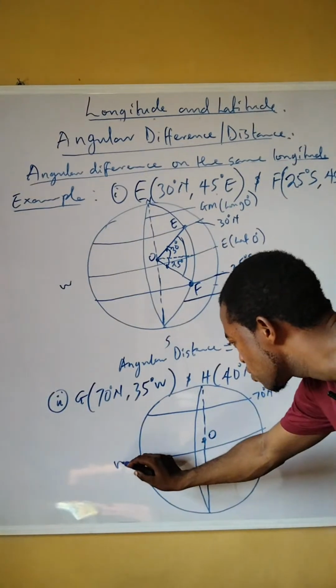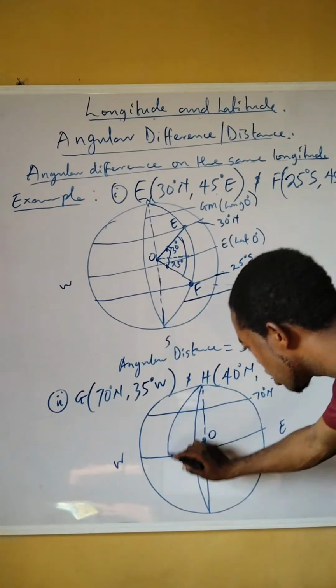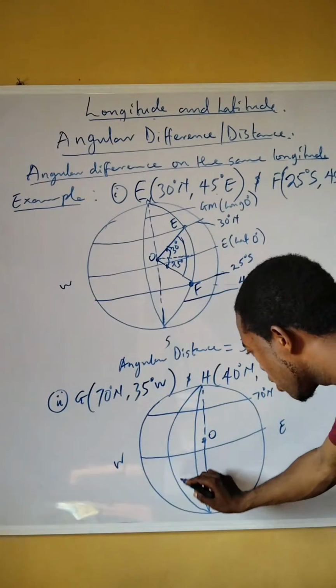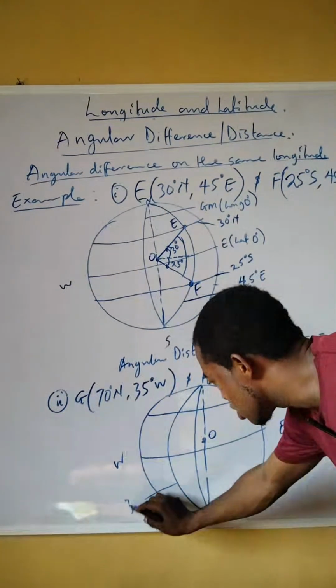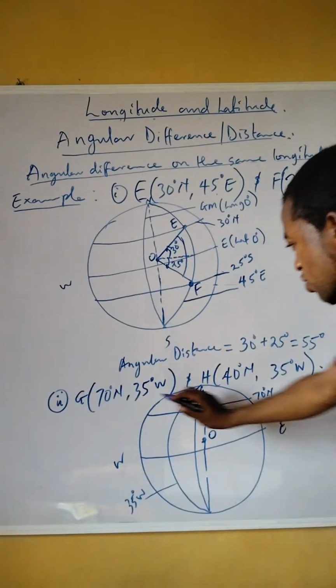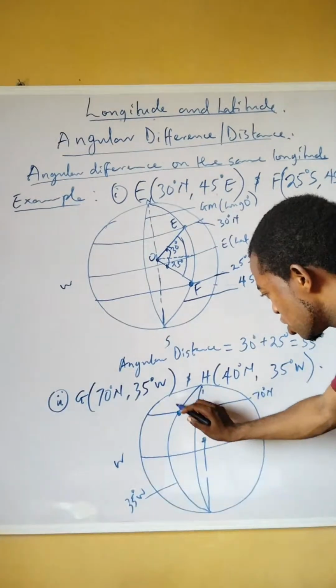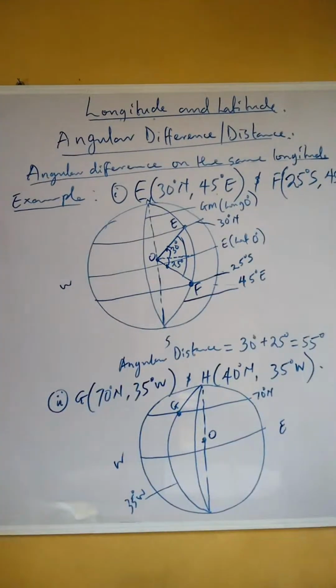And 35 degree west. This is west, don't forget, this is east. So draw your west somewhere here as 35 degree. So it's just a sketch. So this is 35 degree, right? So where 70 degree and 35 degree meet here, that's our point G. Okay. Then also point H is also north.